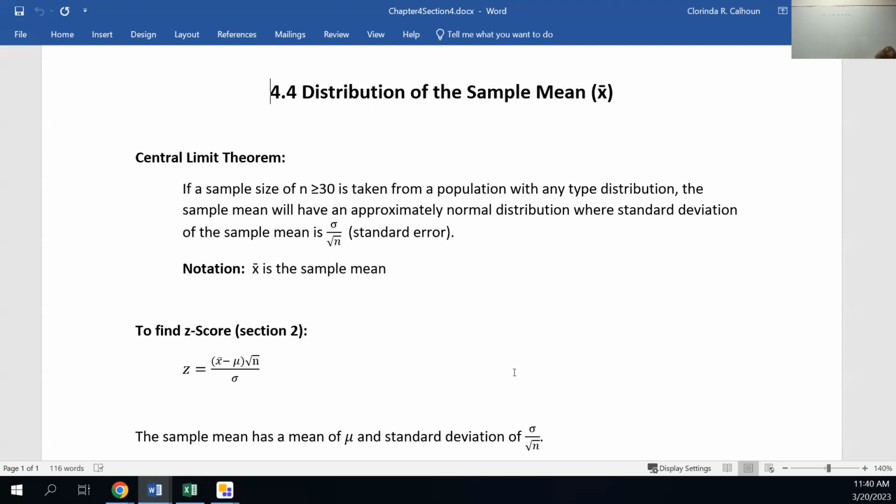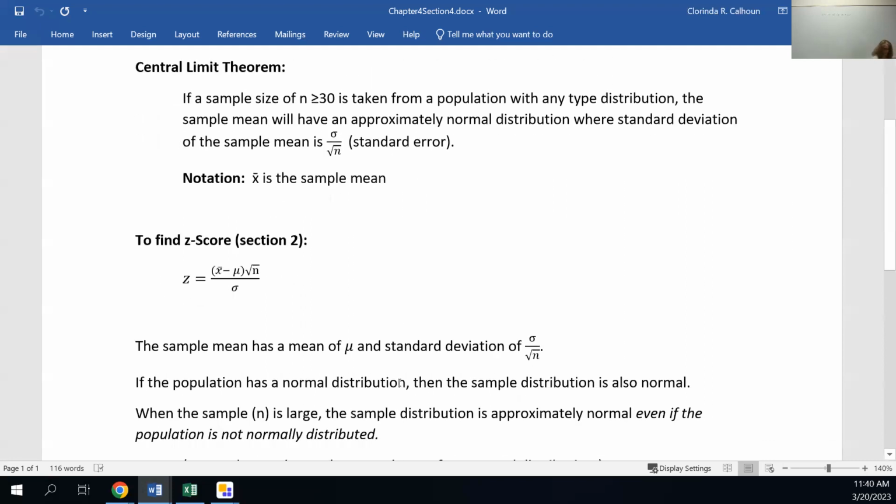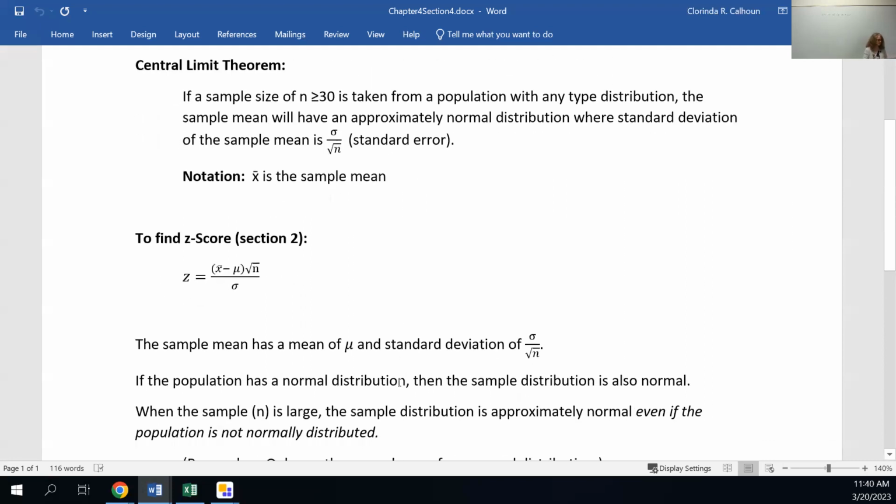Now the sample mean has a population mean of mu. I didn't type in population there, but mu is a population mean. And it has a standard deviation of sigma divided by the square root of n. That is called the standard error.